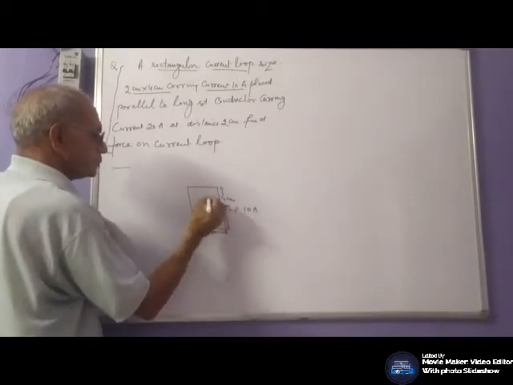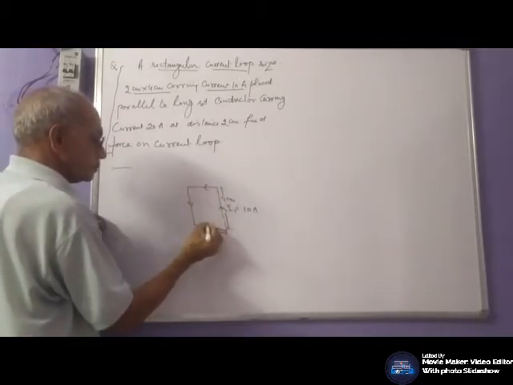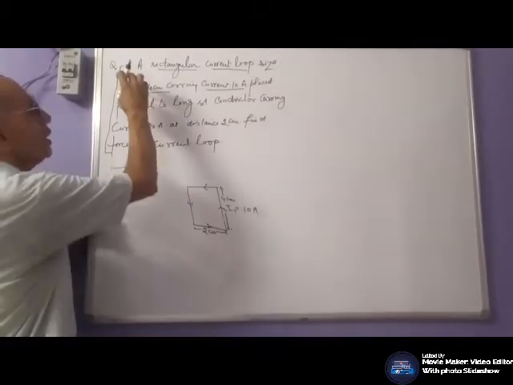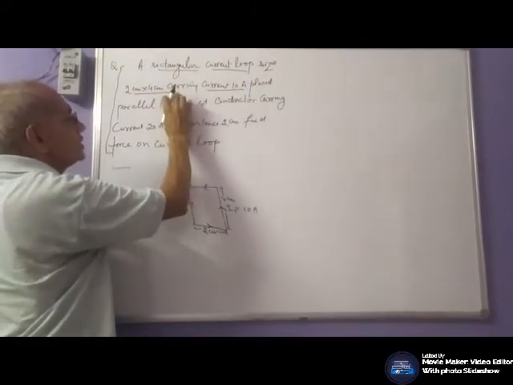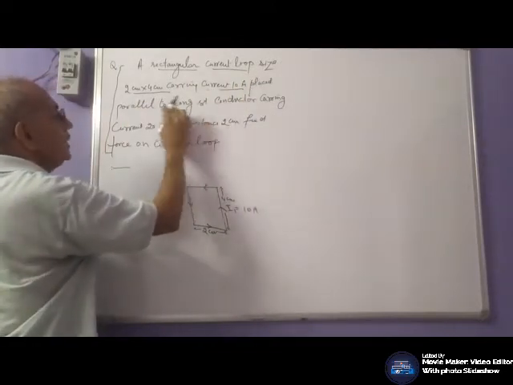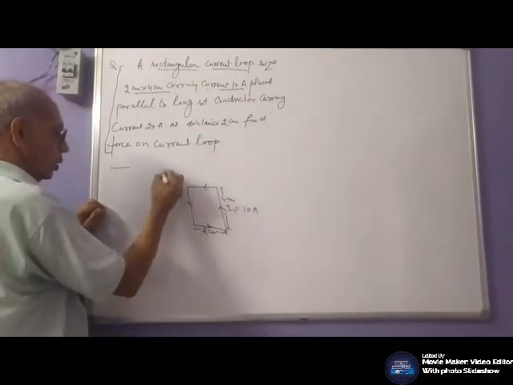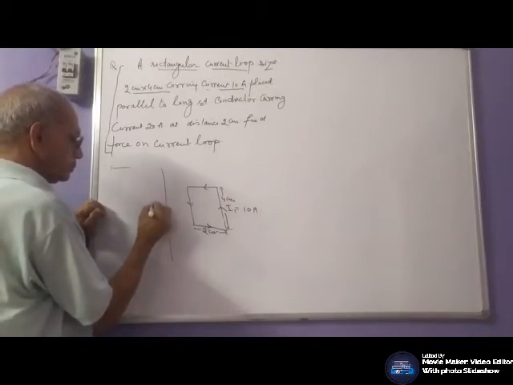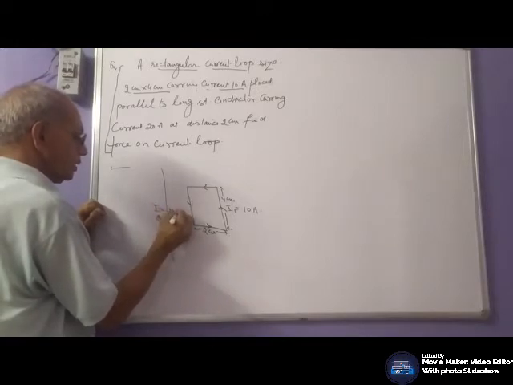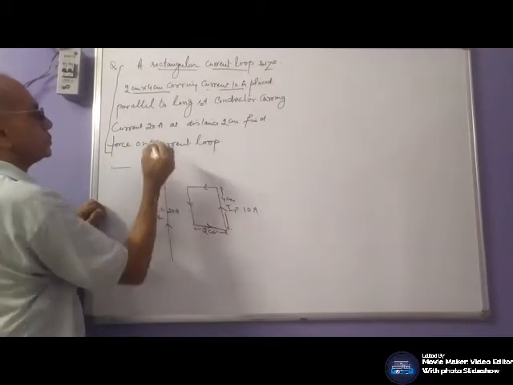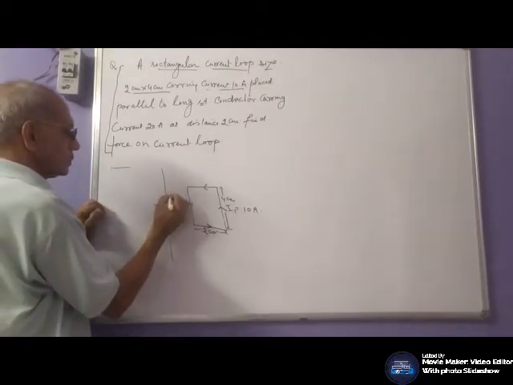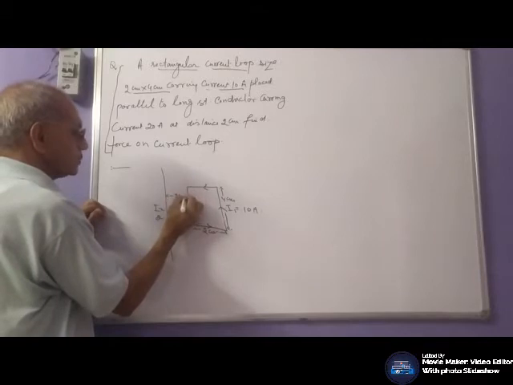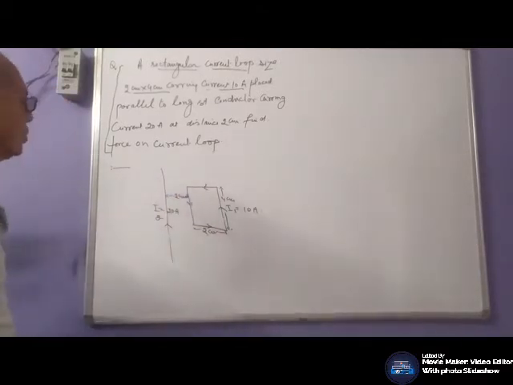Again, a rectangular current loop of size this carrying current 10 ampere placed parallel to long straight conductor carrying current 20 ampere at a distance 2 centimeter. Find force on current loop.